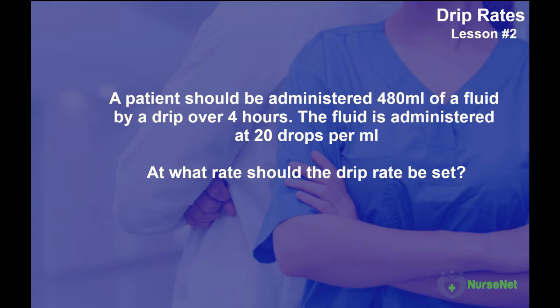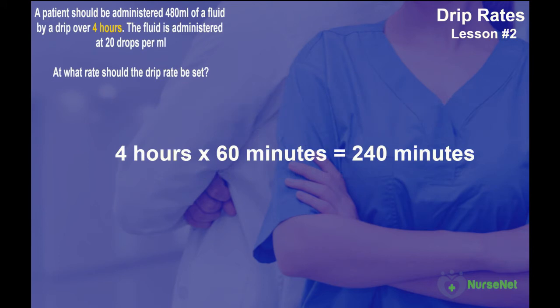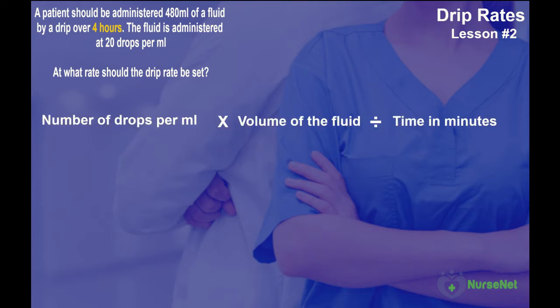So our first step is we need to convert the time into minutes, as we've been given it in hours. So simply put, we need to convert the 4 hours into minutes. So 4 multiplied by 60 gives us 240 minutes. Now we can plug this into our formula.